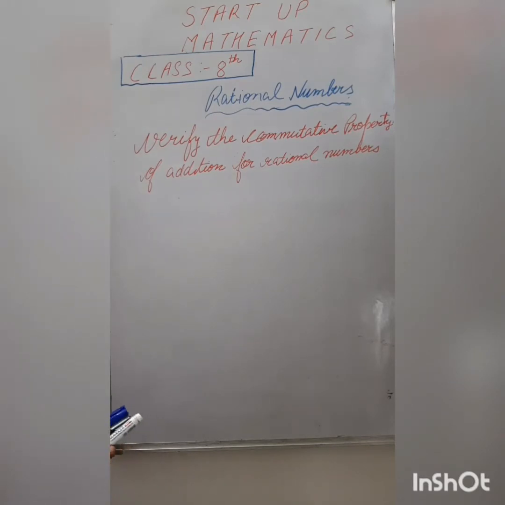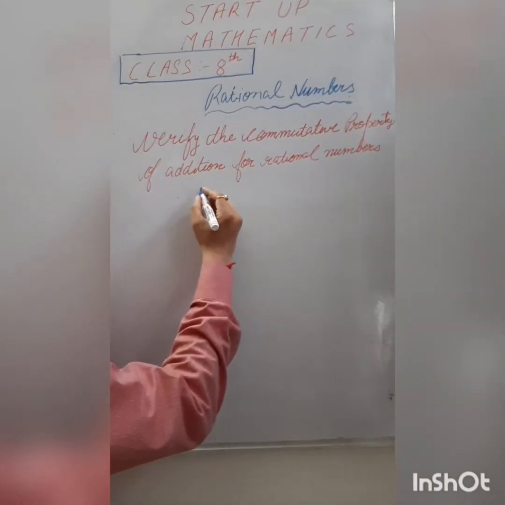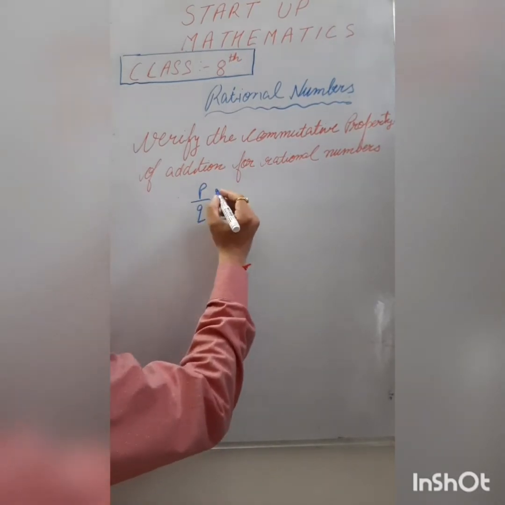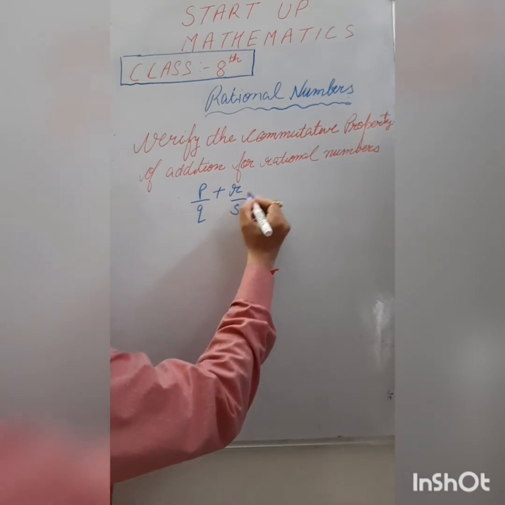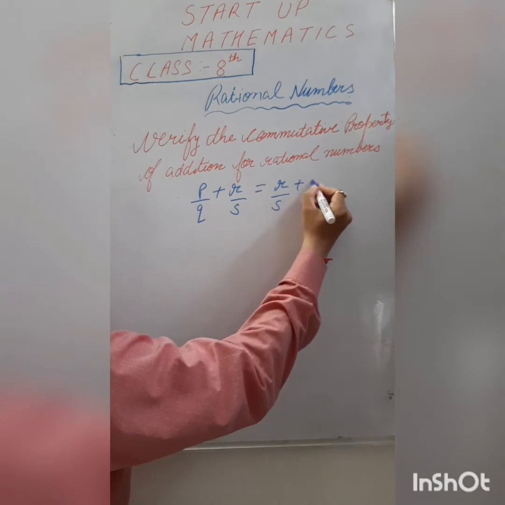So we have to verify the commutative property, and you very well know about it. The commutative property means you can add two rational numbers in any order. If I have two rational numbers, p by q plus r by s is equal to r upon s plus p by q.